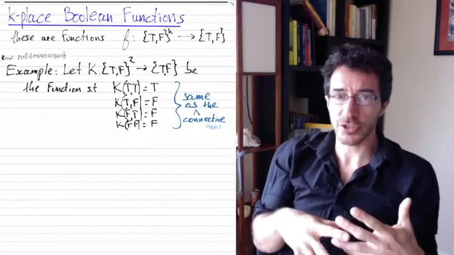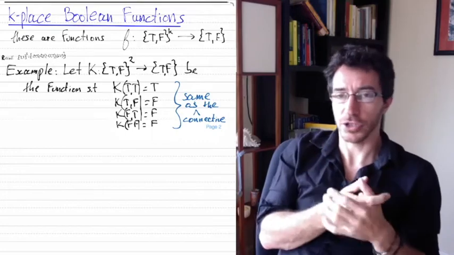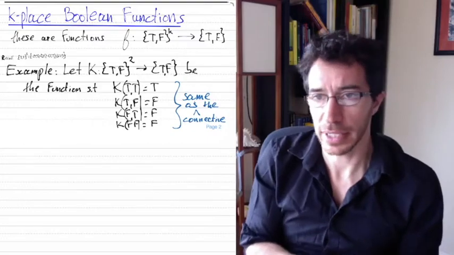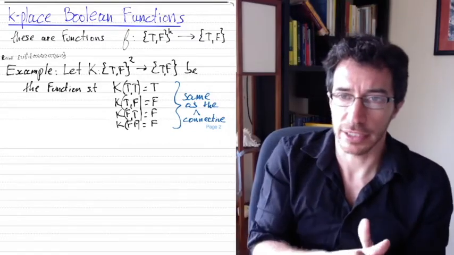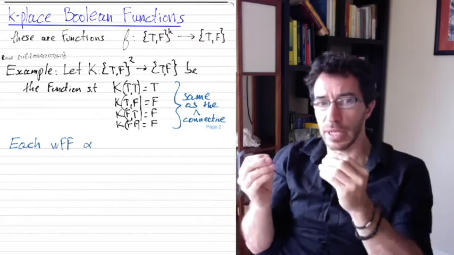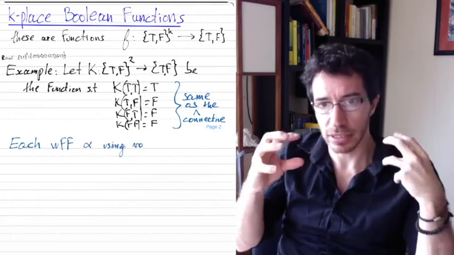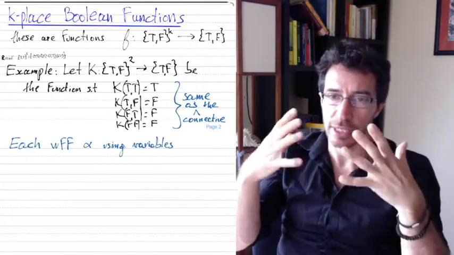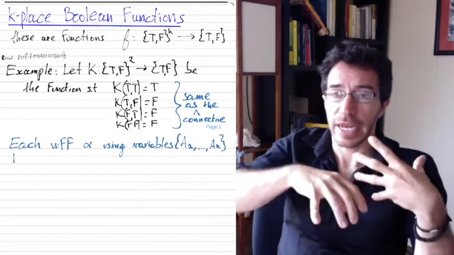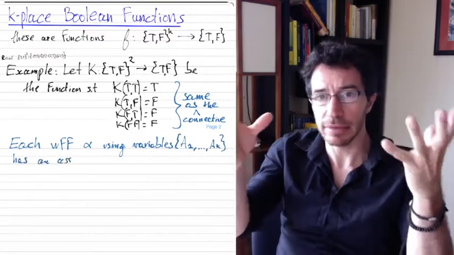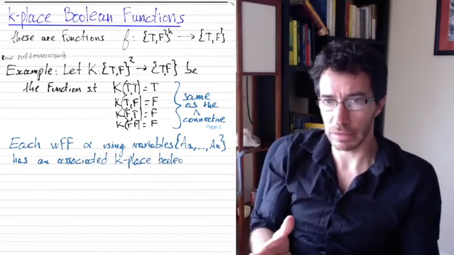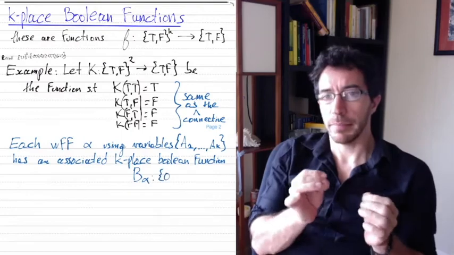So this function corresponds to the AND connective, and we can have another function for the OR connective, the implies connective. Each connective has a function like this, but actually not just each connective, each well-formed formula alpha that we can write in a sentential logic using, let's say, variables a1 up to ak, is associated to a k-place Boolean function that we call B sub alpha.